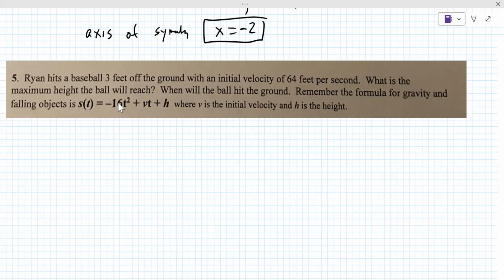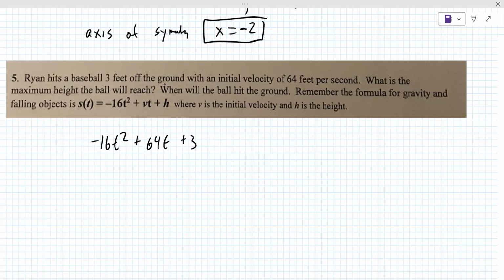Okay. So when we were doing these problems, you had to read through it and figure out the values of V and H. Would you take a look at this and tell me the values of V and H if you can? H is 3, V is 64, plus 3.